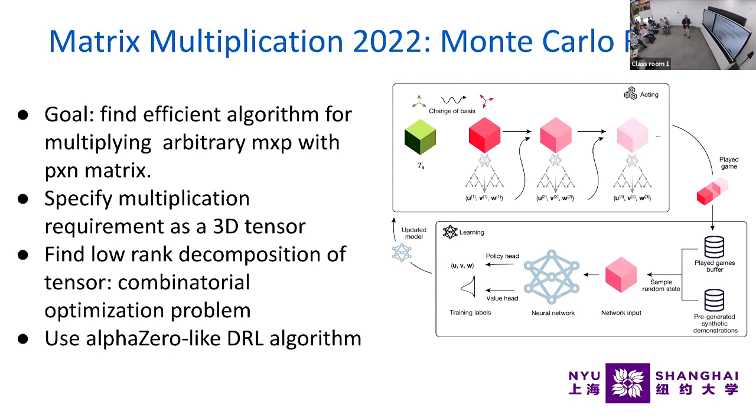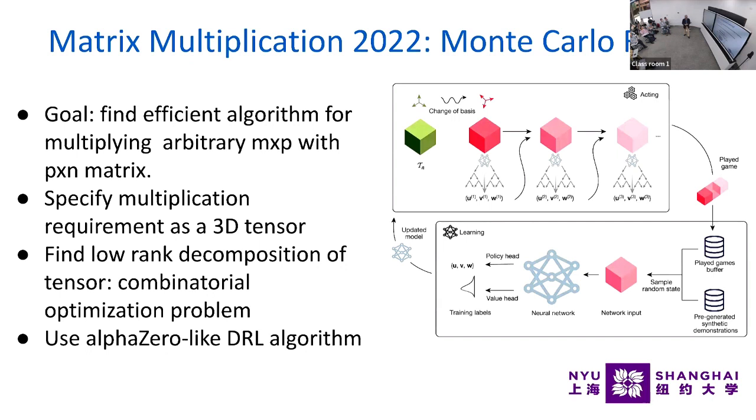The idea, very quickly, is to find a low rank decomposition. You can express the matrix multiplication requirement as a three-dimensional tensor, which has only ones and zeros. Any tensor can be decomposed into a sum of outer products.